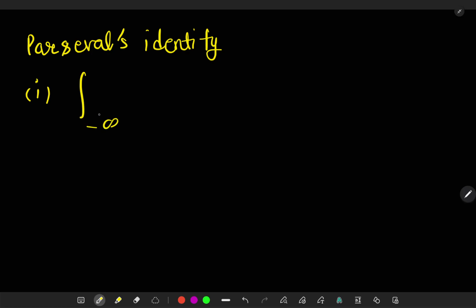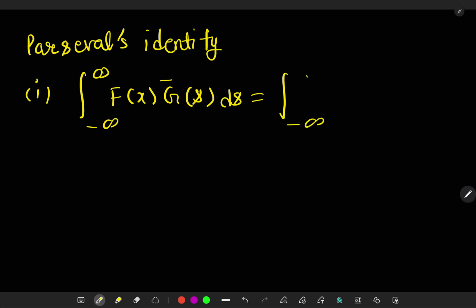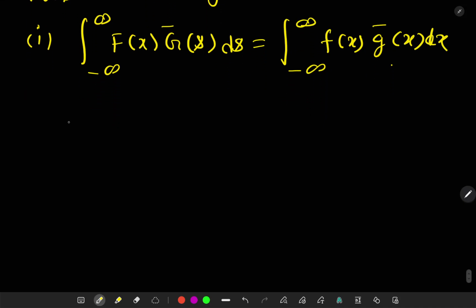Now another identity is Parseval's identity for Fourier transformation. First is integral minus infinity to plus infinity f of x g of s bar, this is a complex conjugate of g of s, ds, equals integral minus infinity to plus infinity f of x g bar x dx. Here similarly this is a complex conjugate of g of x.